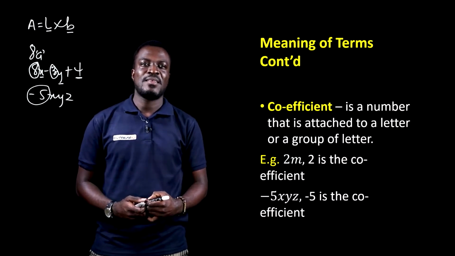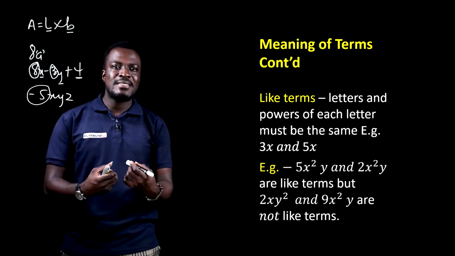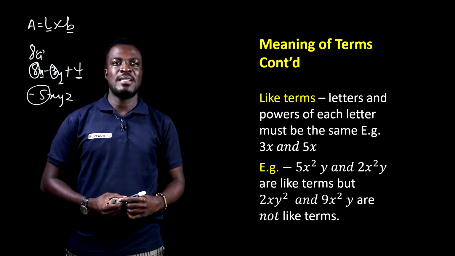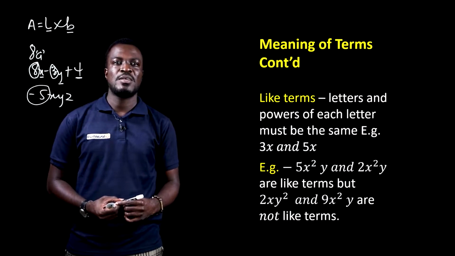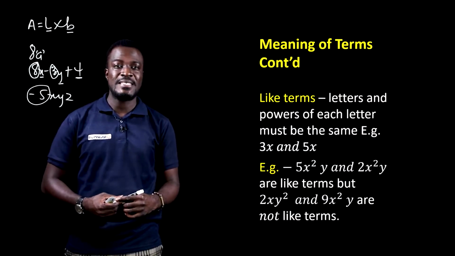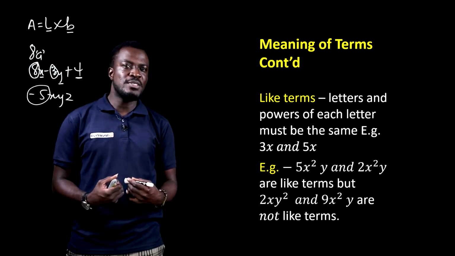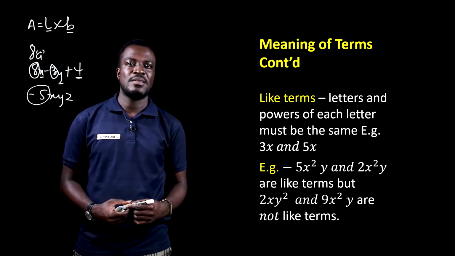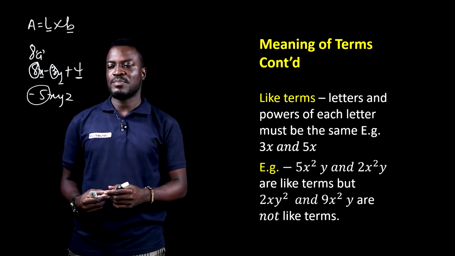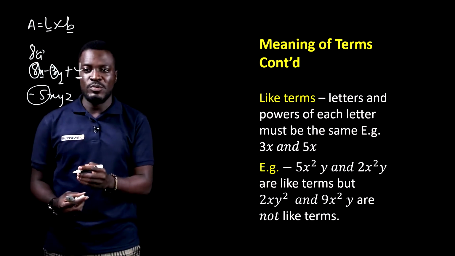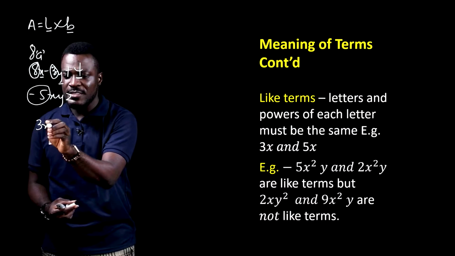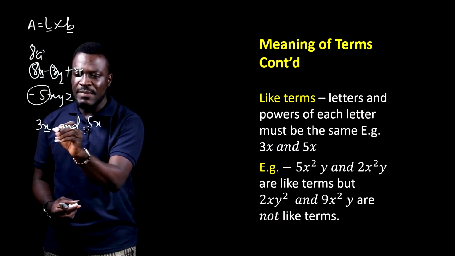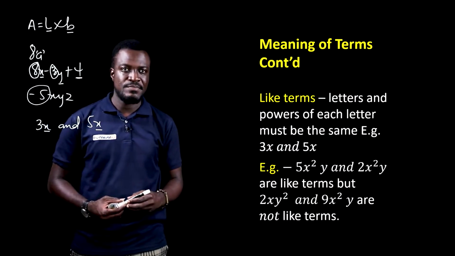Okay. Now, let's look at what like terms are. Like terms are terms in which the letters and the powers of each letter must be the same. So, when we say two terms are like terms, it means that they have the same variables. For example, 3x and 5x have the same variables, that is x, x.